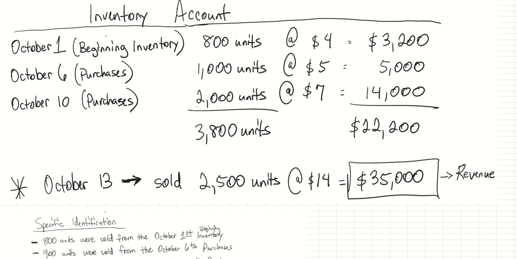This is what differs from the other methods, the FIFO, LIFO, and weighted average method. With this method, you have to be told additional information in order to use it.